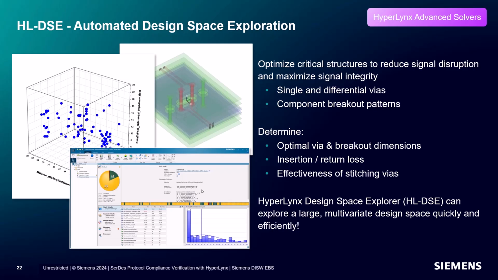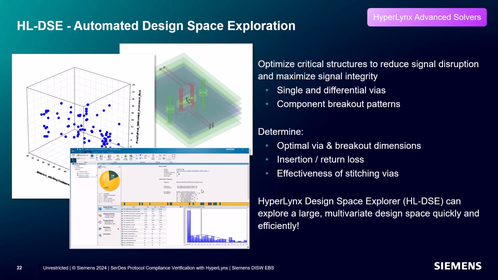Hyperlynx's DSE uses a unique Sherpa algorithm that allows you to find workable solutions quickly and then continue to improve performance by running additional experiments. Have a design space of 1 million permutations or more? No problem.